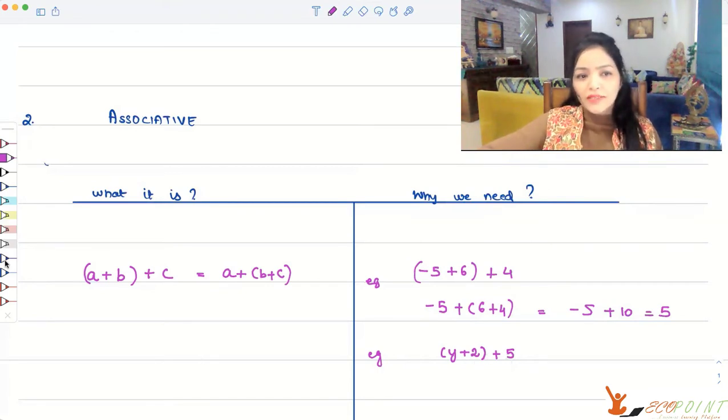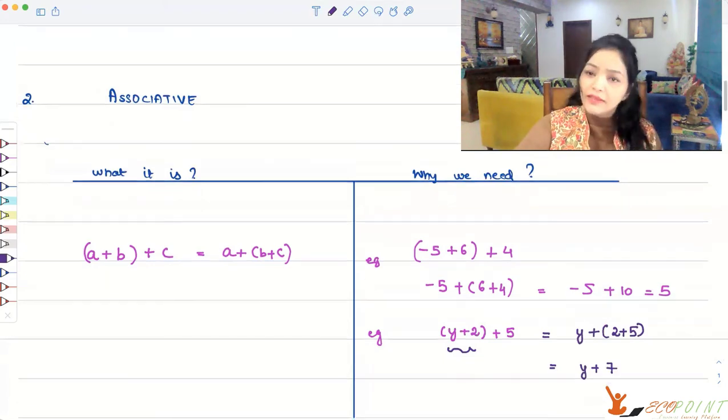But if you understand, y and 2 are not alike. Y is a variable. I can't really add it to 2, right? So what instead I can do is use associativity, and I can say that this expression is absolutely the same as y plus 7.